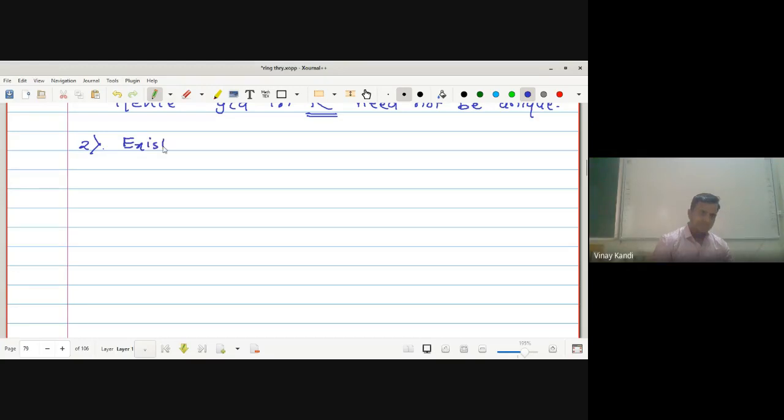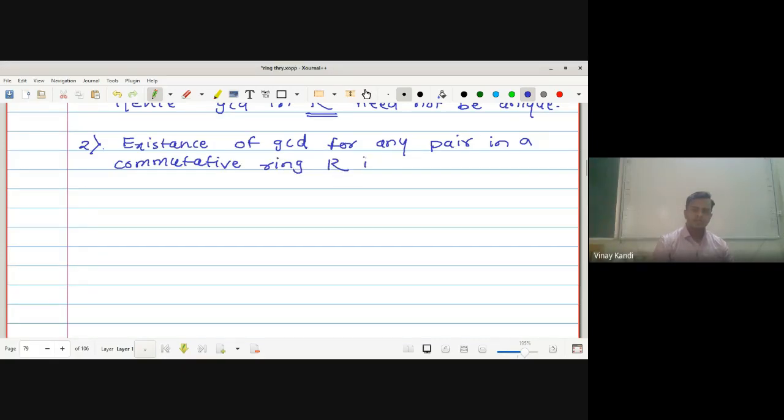Existence of the greatest common divisor for any pair in a commutative ring R is not compulsory. It is not necessary that two elements must have a GCD in ring R.